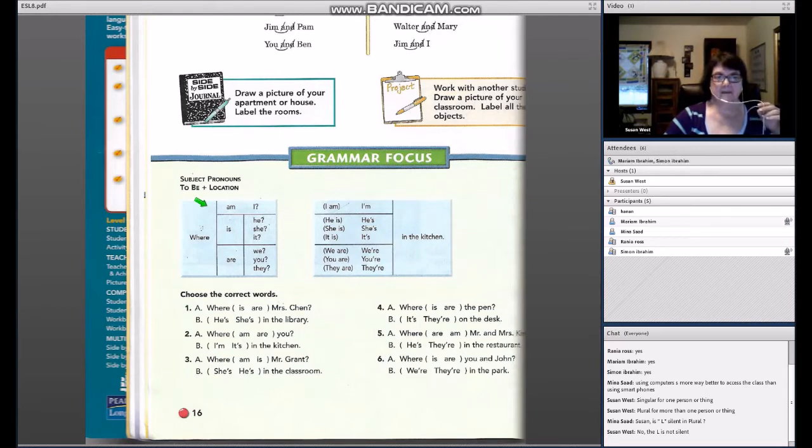Where are we? Yes, we would normally say it like, where are we? Kind of emphasize the R. Where are we?